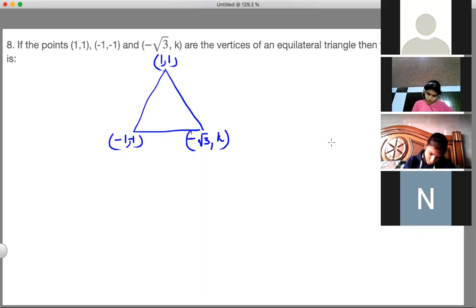Okay, so we will use the length formula in this question. So which two lengths should we equate? Sir, AB is equal to BC.